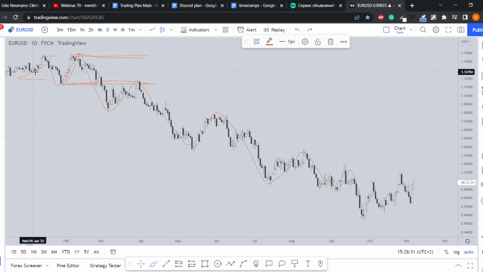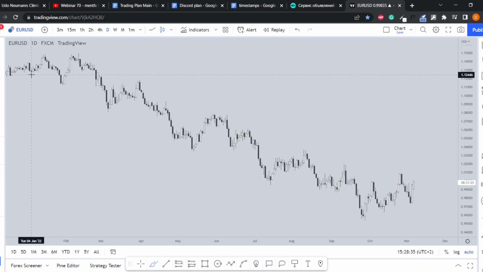So when you have this break, let me clean the chart. When you have this break with this candle with the body close, you can say, okay, so now this big up move, this whole up push is the zone for mitigation in the future.